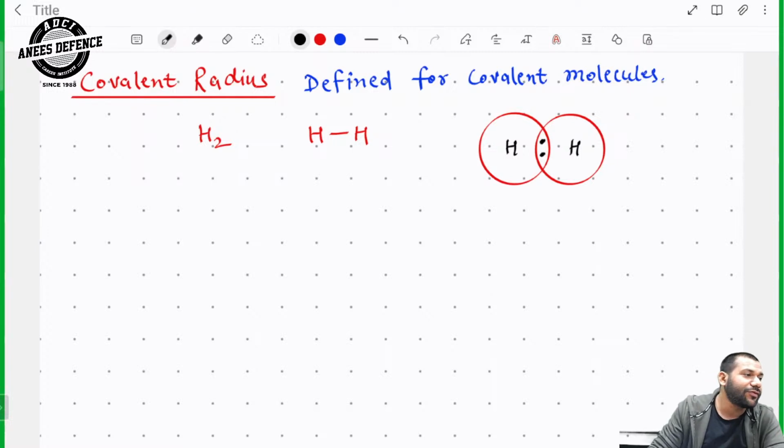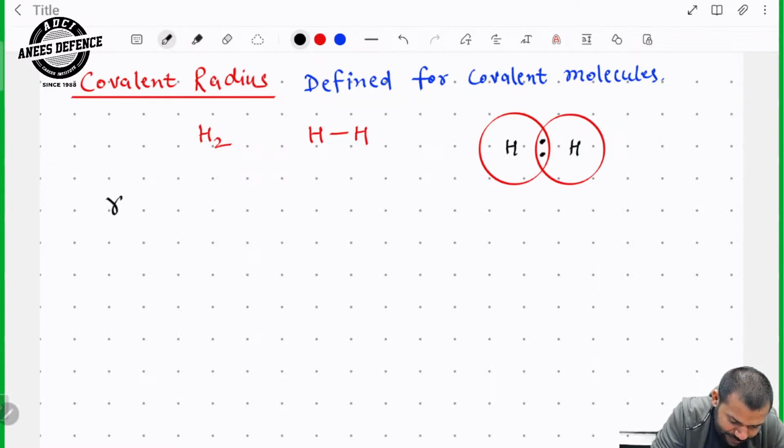Covalent radius is defined as half of the bond length, or we can define it as half of the distance between the centers of the nuclei of these two atoms.